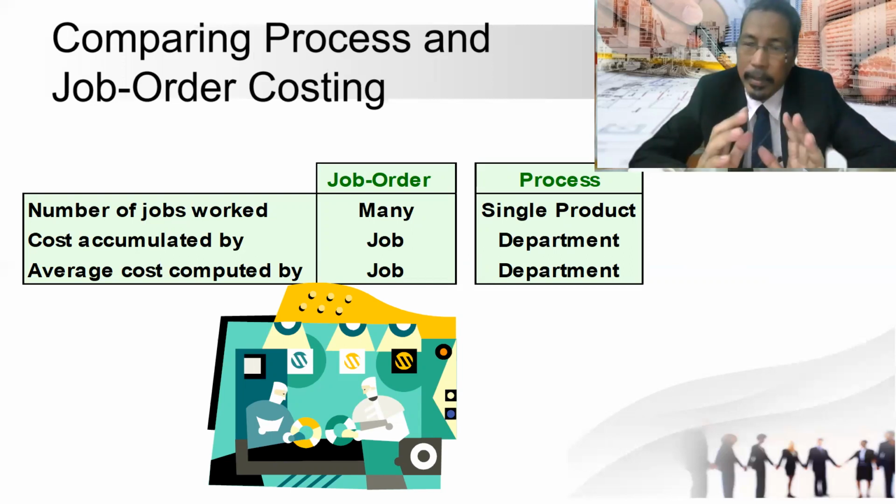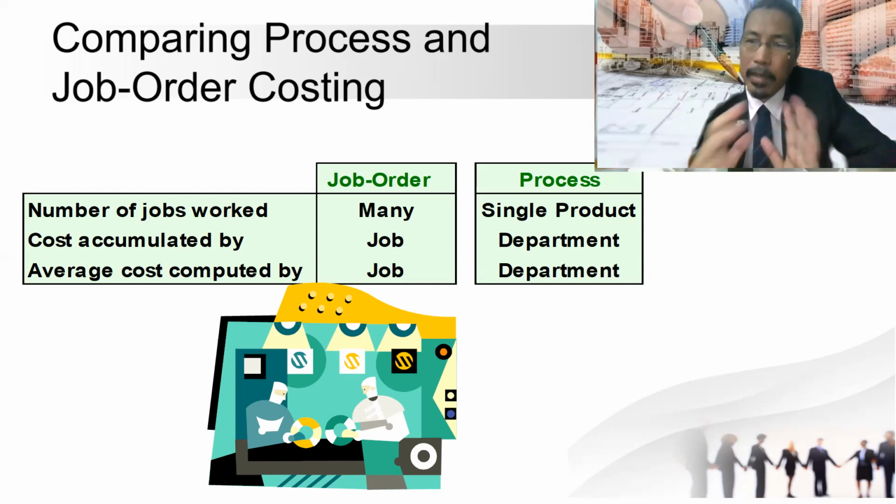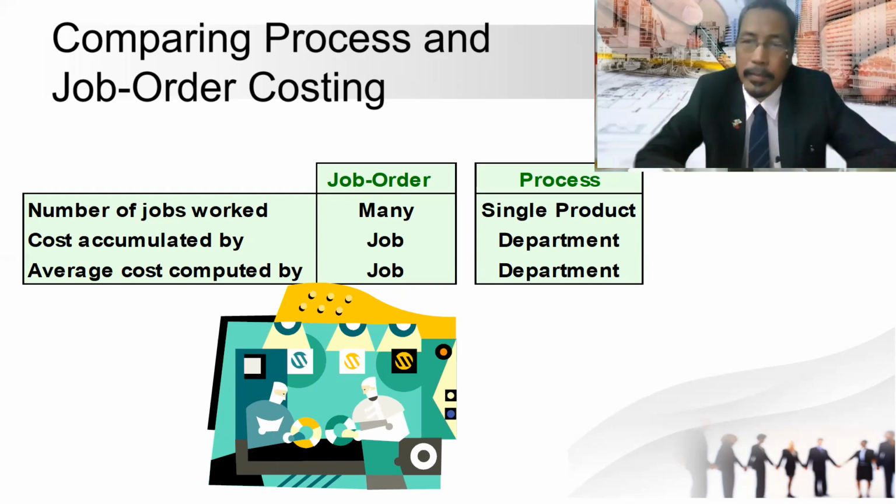They will set up a temporary department for the PAL order. One department. And all the cost will be accumulated by that department because that is the order from PAL. Requisition of materials, work in progress, all are attributed to that department.